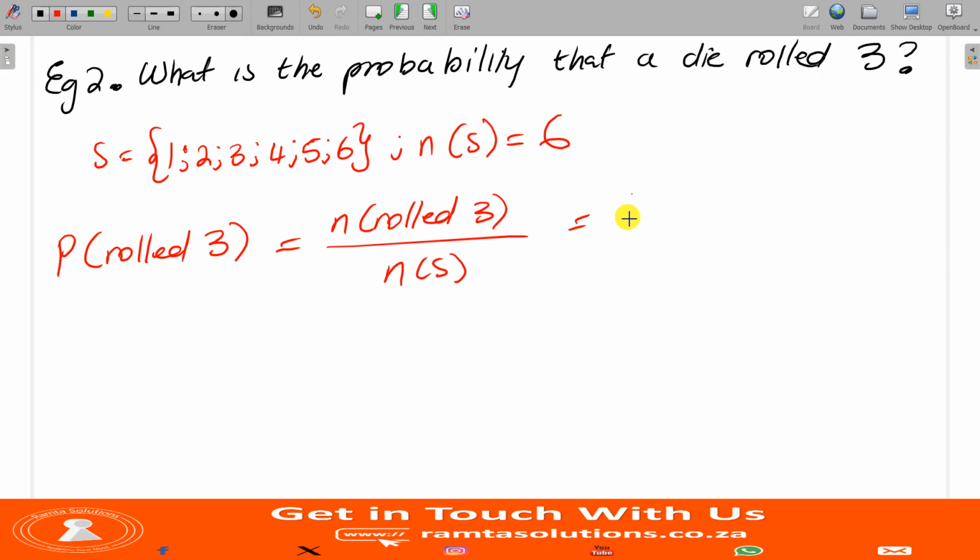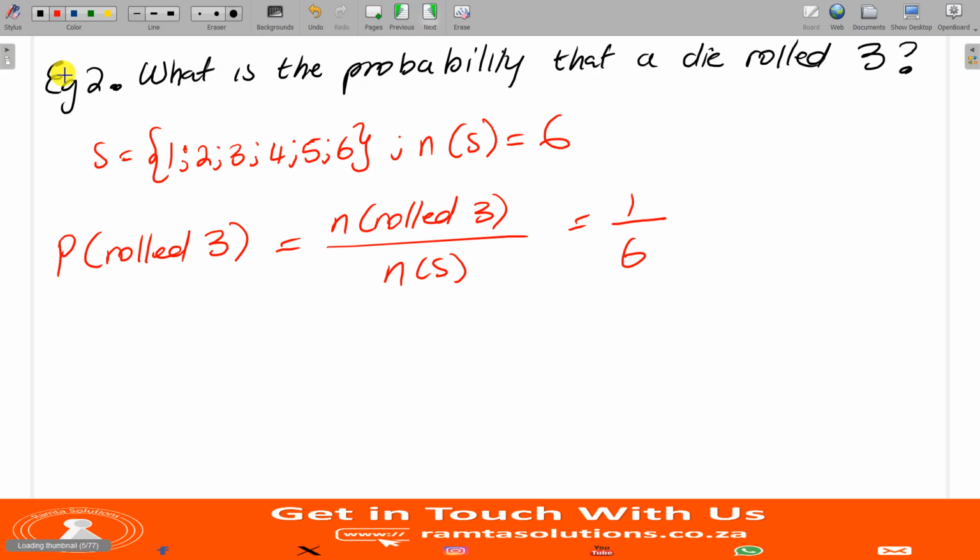You see it once. And what is your total of outcomes? We said 6. We counted them individually, it's 6. So the probability that a die rolled 3 is 1 over 6. And it makes sense. I have never seen a die that has 3 marked twice. A die will always mark 1, 2, 3, 4, 5, 6. It doesn't repeat any marking, right?